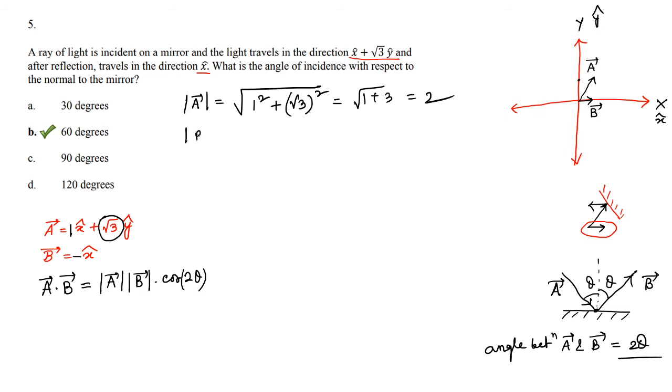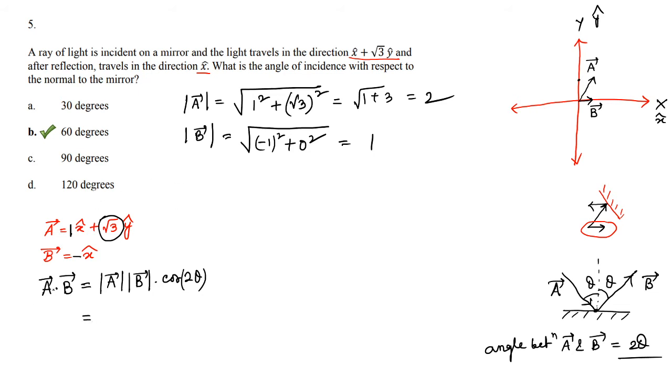And mod B vector is here, coefficient of x cap is minus 1 and coefficient of y is 0. So root over minus 1 square plus 0 square, that is equal 1, right?